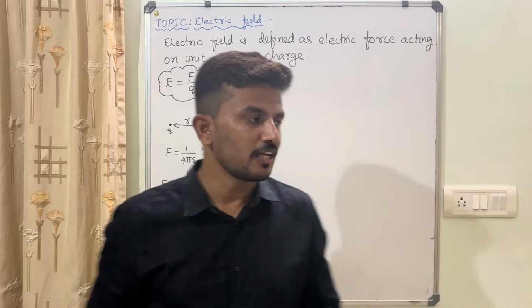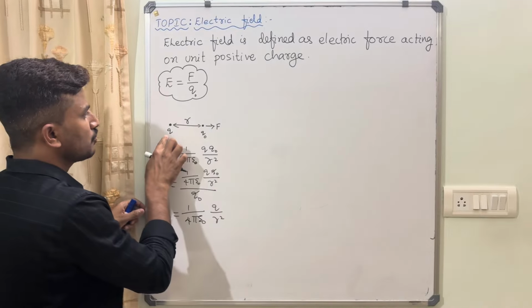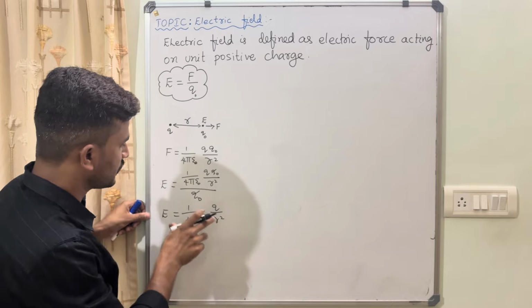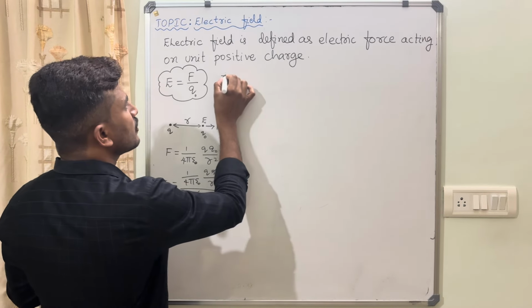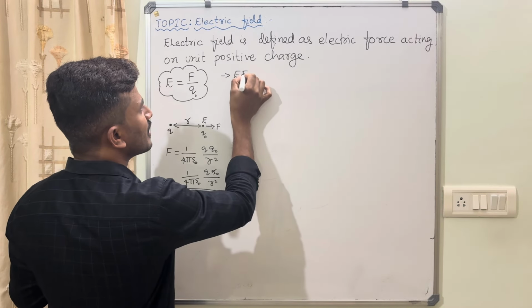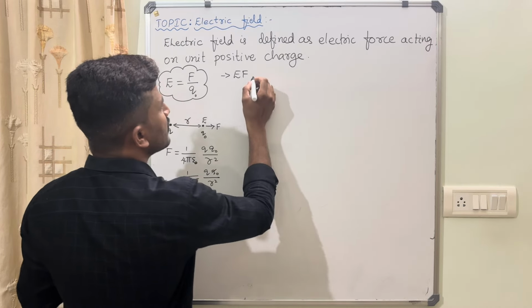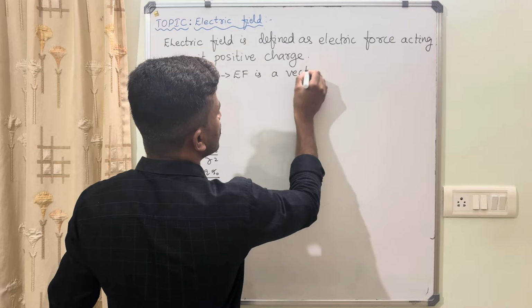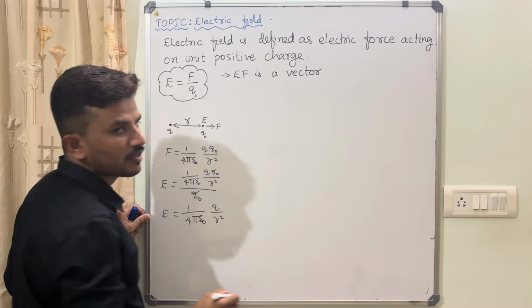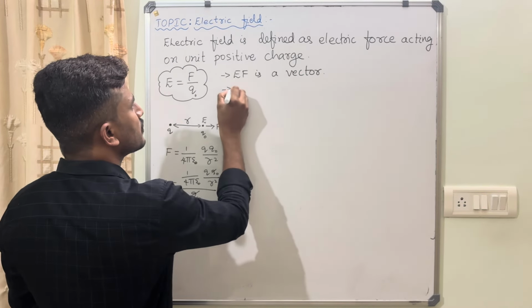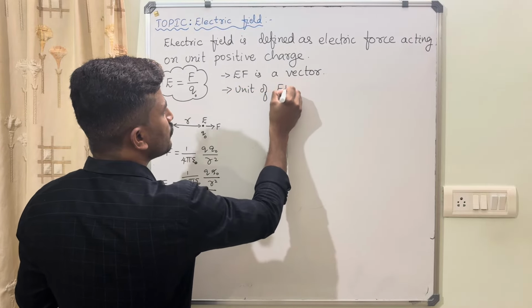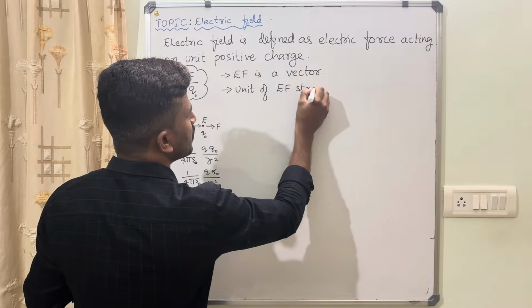Do remember, if I have a point charge, the electric field at this particular point is given by this one, and here I'll write the electric field as E. Electric field is a vector quantity. And what is the unit? Unit of electric field strength at a point.